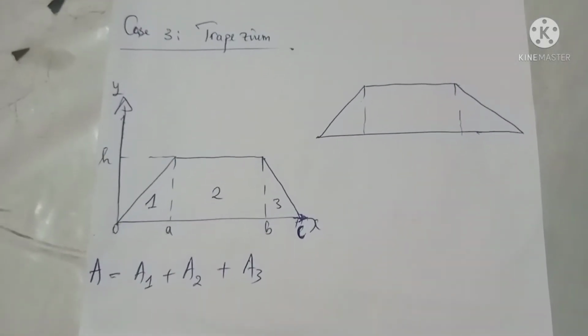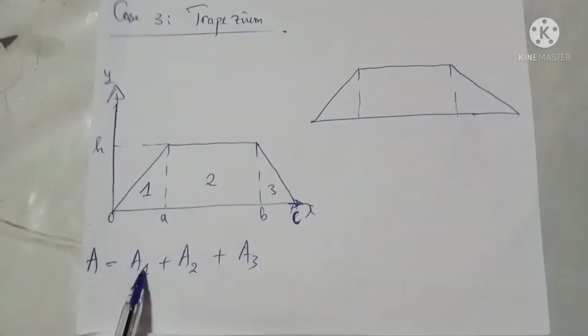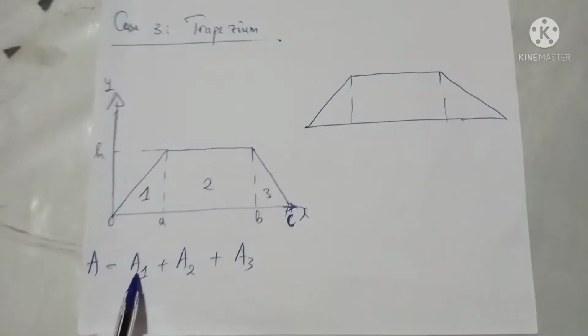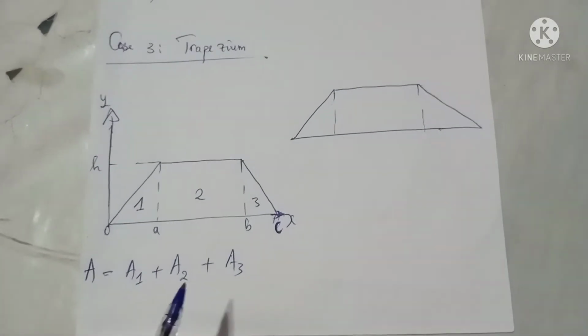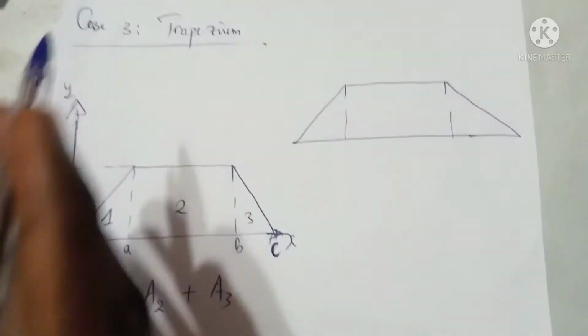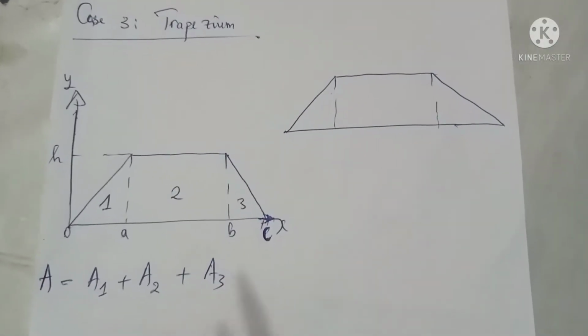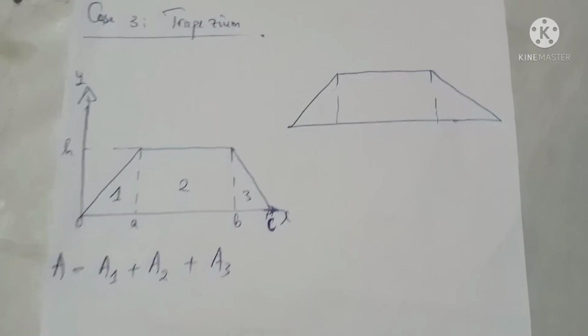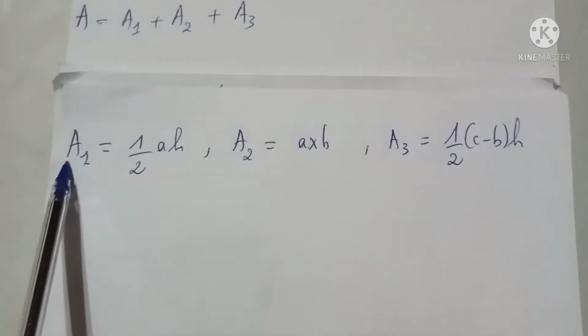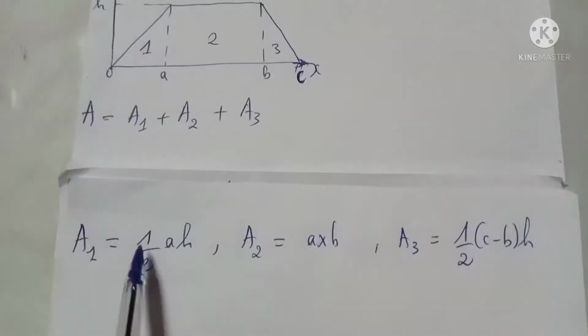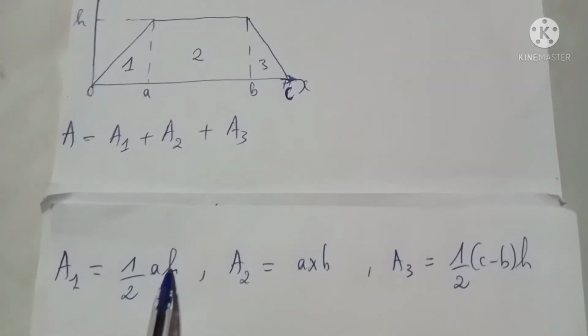Since we already know the formula to get the area of 1, 2 and 3, it becomes very easy now, because we are just going to be using the previous knowledge from the area of a triangle and that of a rectangle. So now you can see that the area of surface 1 is equal to half a times height.